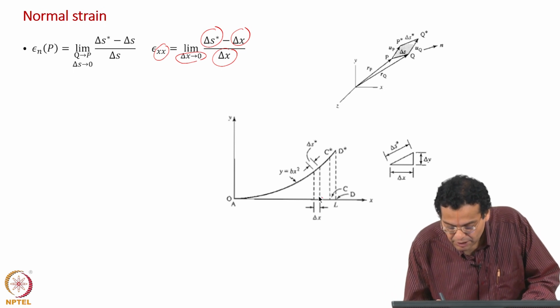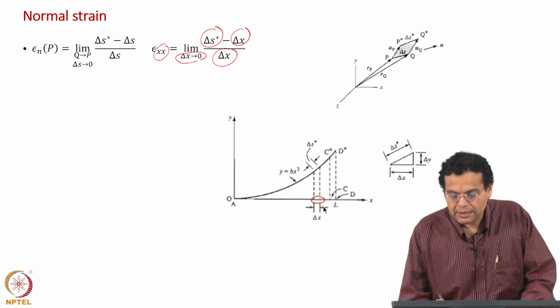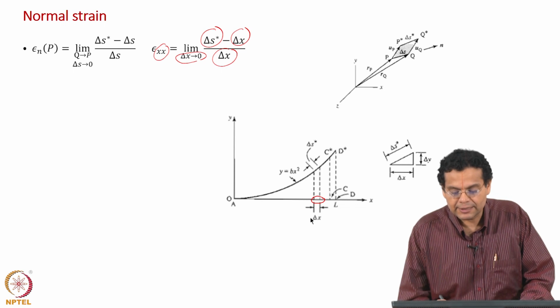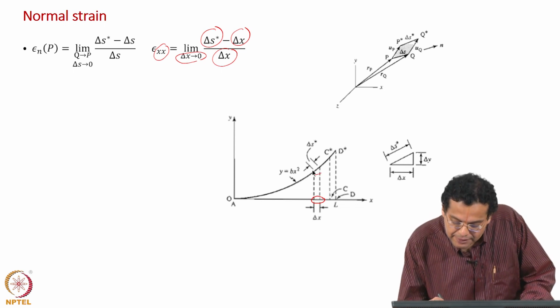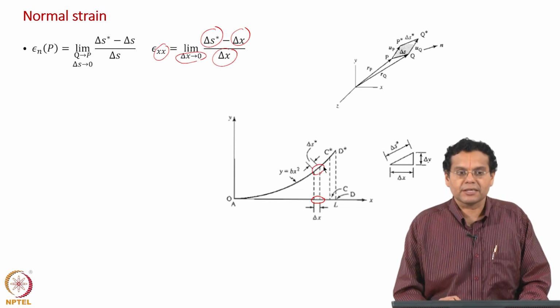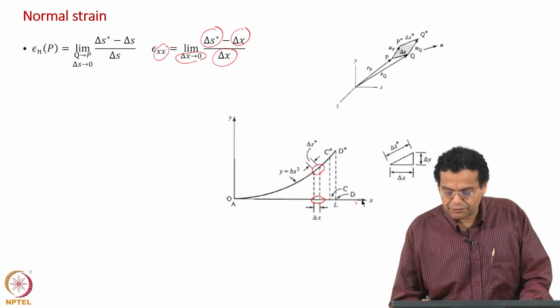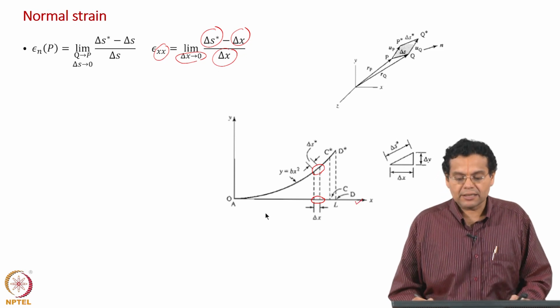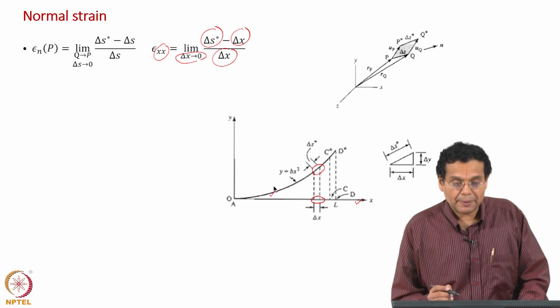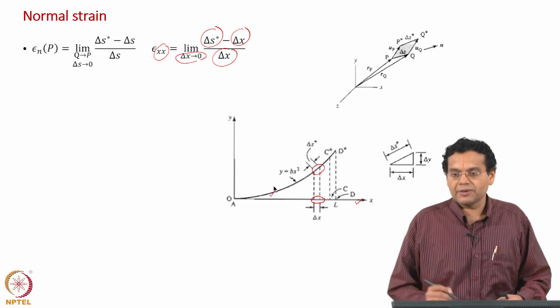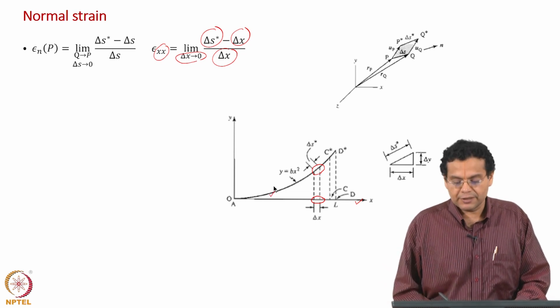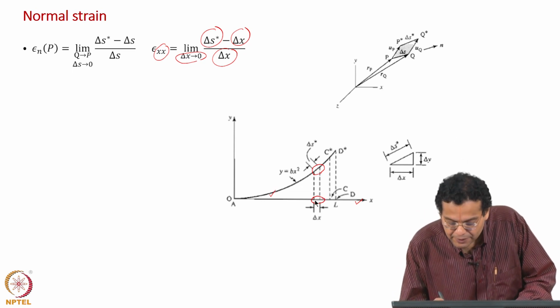Taken a small line element along the wire in the original configuration, that has become delta s star in the deformed configuration. This is the undeformed configuration or initial state of wire. This curve, the parabola, is the final configuration of the wire or the deformed configuration. We are told that every point gets displaced only vertically.